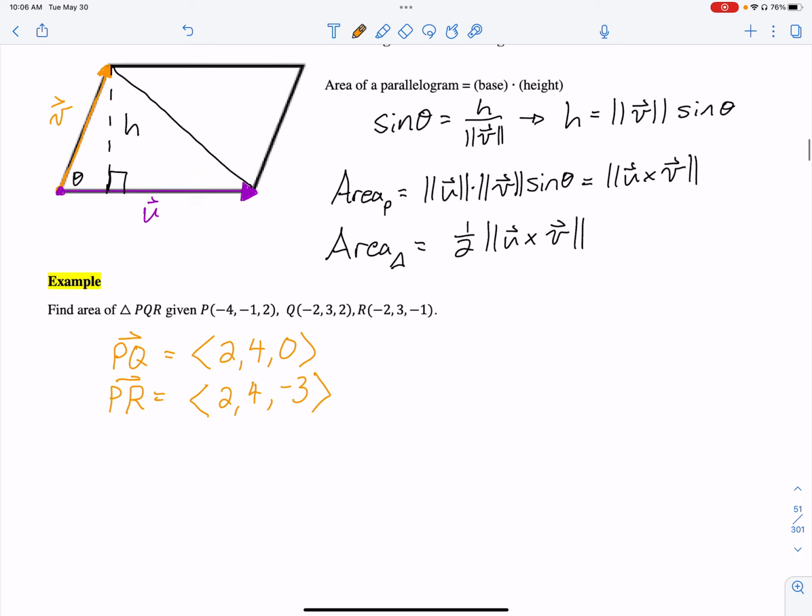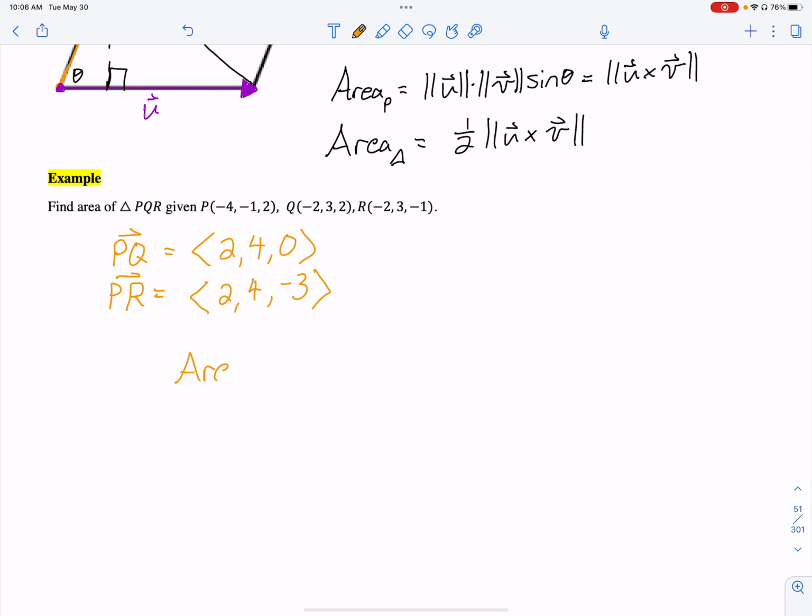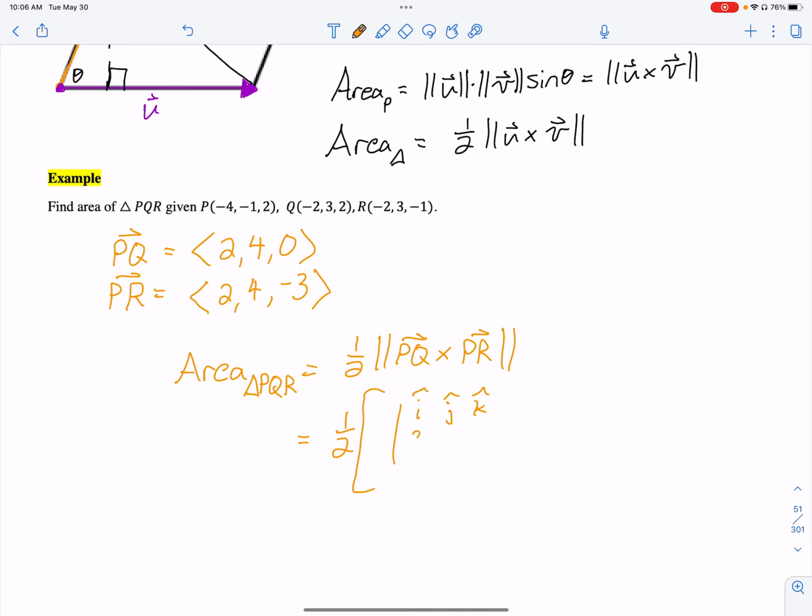Right, so if I want the area of the triangle created by that, so we'll do triangle PQR, that is 1/2 times the cross product of PQ with PR. So we've got 1/2, and then we're going to put this big determinant in here. This is i, j, k, okay? And then we put the numbers 2, 4, 0, 2, 4, -3.